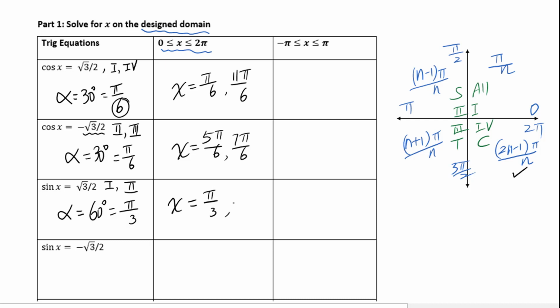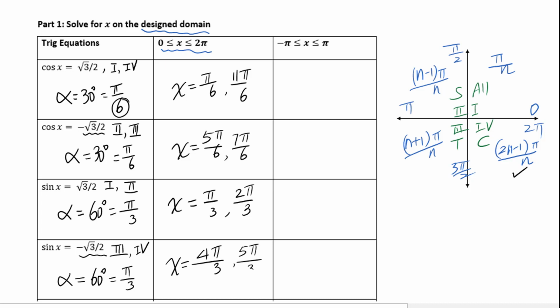The second quadrant angle is 2 pi over 3. For sine x equals negative square root of 3 over 2, your reference angle is 60 degrees equals pi over 3. Since this is negative, it will go to the third and then the fourth quadrant. Therefore, your x equals 4 pi over 3 and 5 pi over 3.